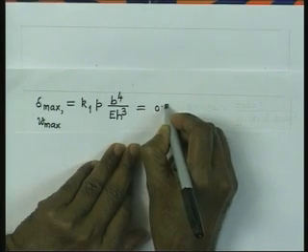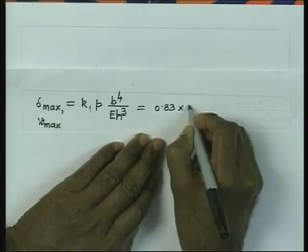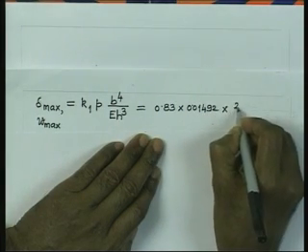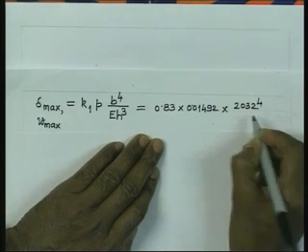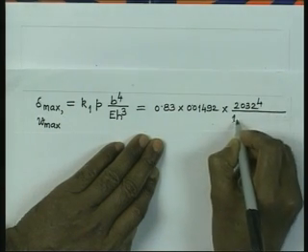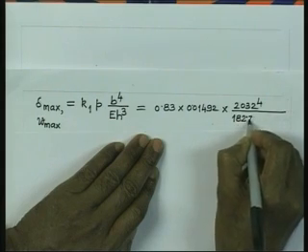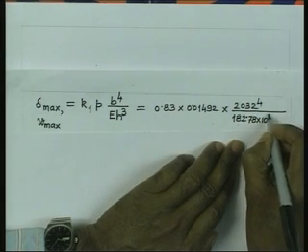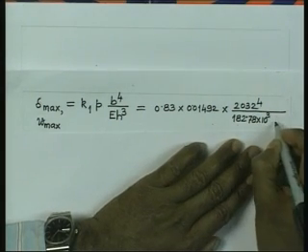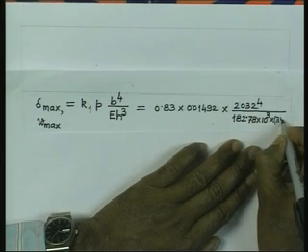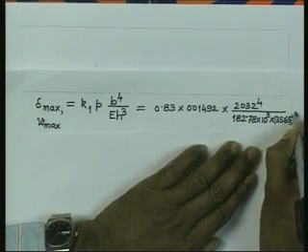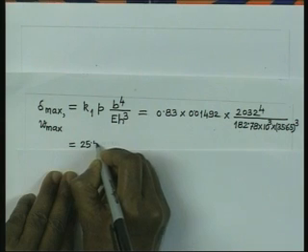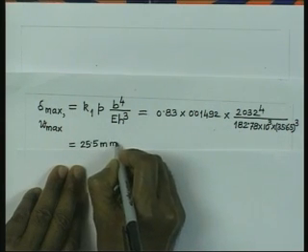So, if I substitute the value, that is the value of B, and this is the value of E, 182.7 into 10 to the power 3, and this is 35.65 cube, and on simplification we get this as 25.5 millimeter.